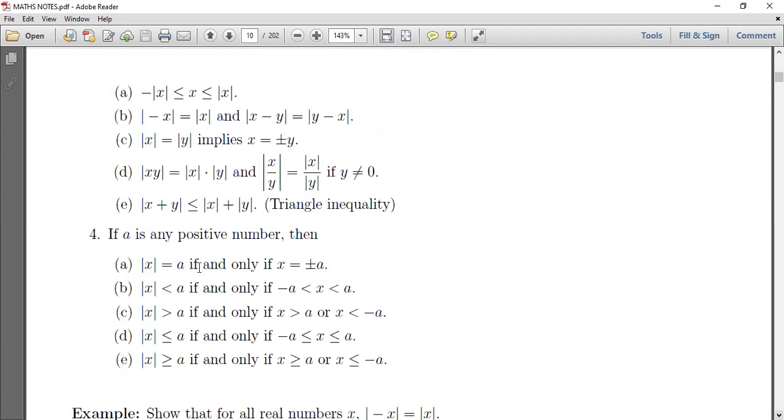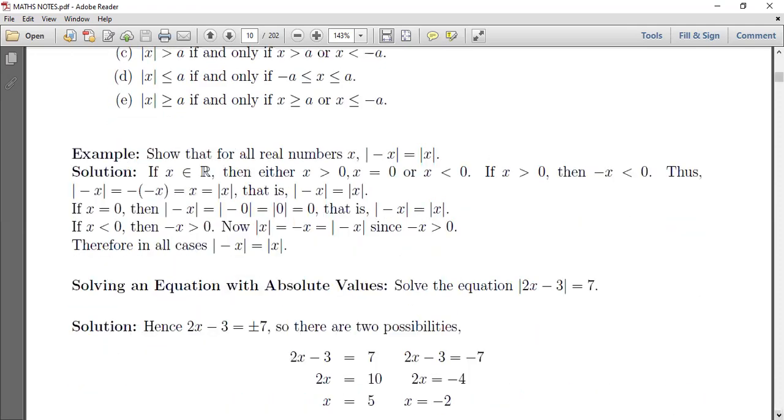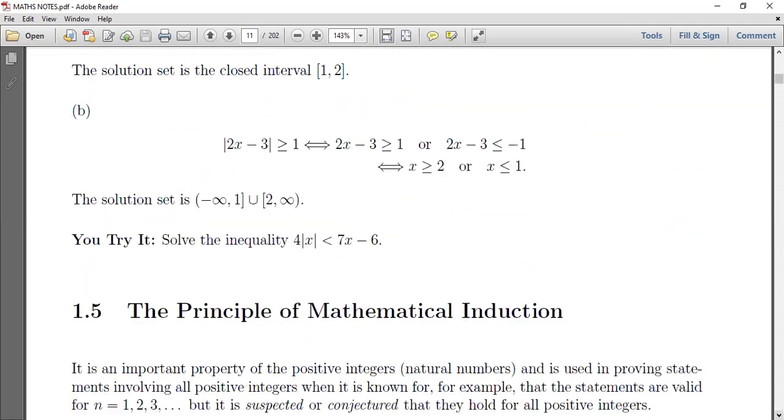We said if modulus of x is less than a, then it means that minus a is less than x is less than a. We are now applying these properties to solve inequalities with absolute values. So this is how we solve inequalities with absolute values.